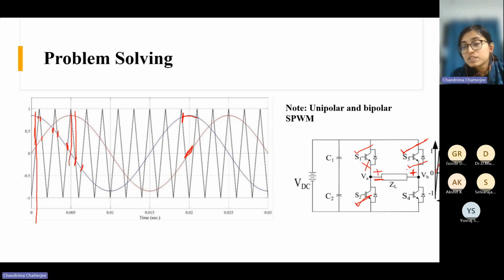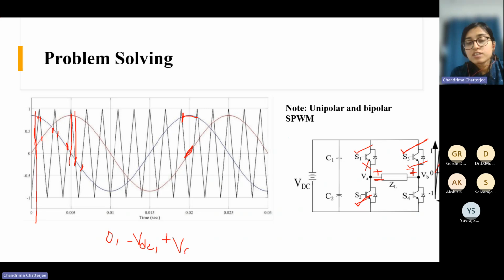So here the objective is you don't have to see all the intervals. You just have to see a few intervals and see which voltage levels you are getting. So you are getting 0, you are also getting minus VDC and you are also getting plus VDC, right? That's what is required: what will be the voltage levels that you will get.